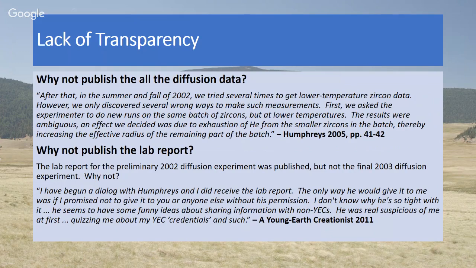First, we asked the experimenter to do new runs on the same batch of zircons, but at lower temperatures. Once again, he's always trying to get lower temperature data. The results were ambiguous. An effect we decided was due to exhaustion of helium from the smaller zircons in the batch, thereby increasing the effective radius of the remaining part of the batch.